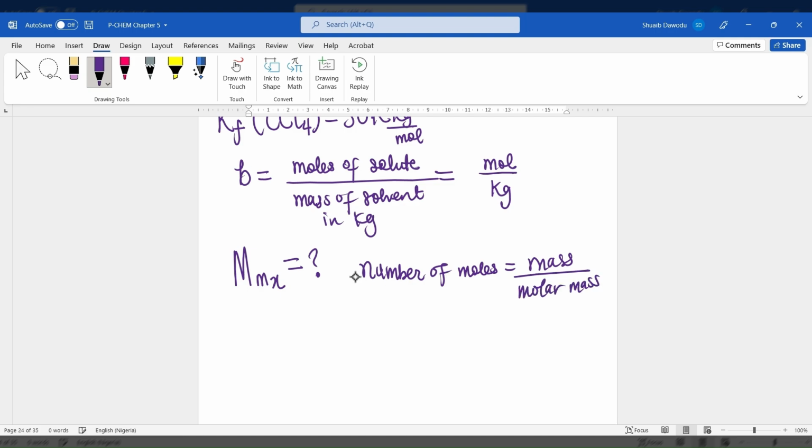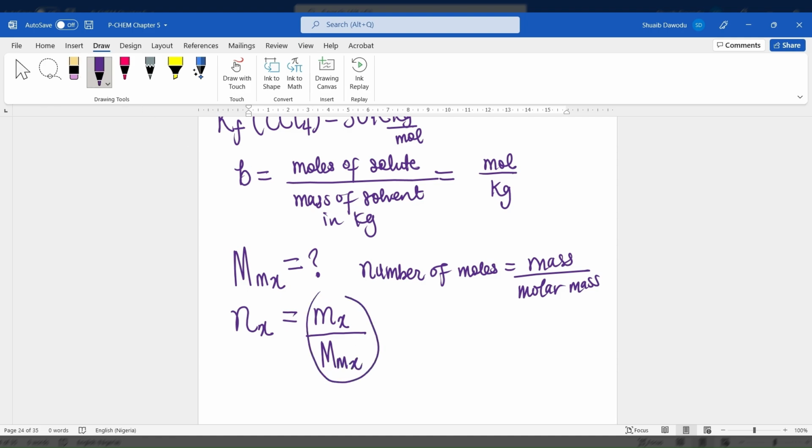So n sub X, the number of moles of the solute, compound X, is equal to the mass of the unknown X. I want to use X again because I don't want to be writing out comp all the time. That is divided by the molar mass of X, so MM sub X.